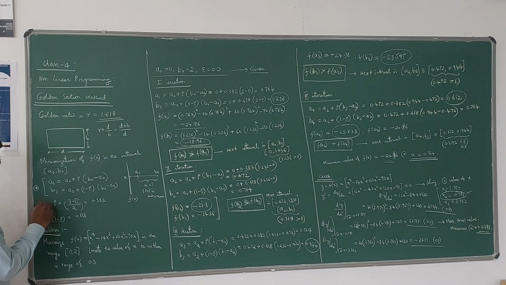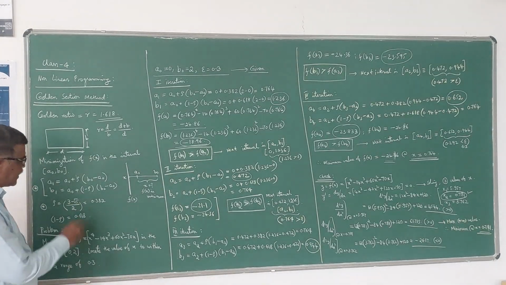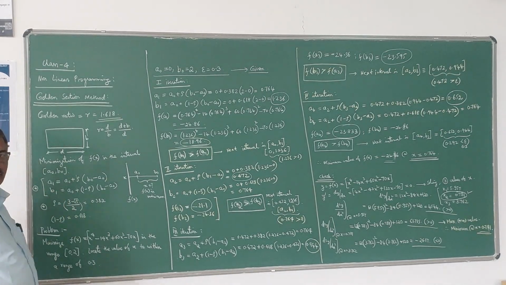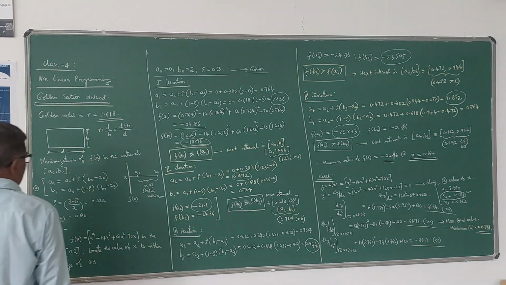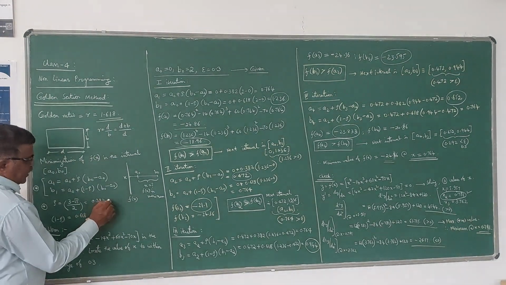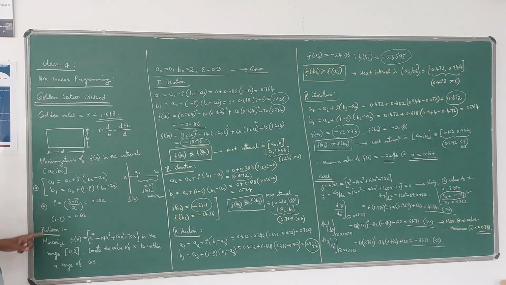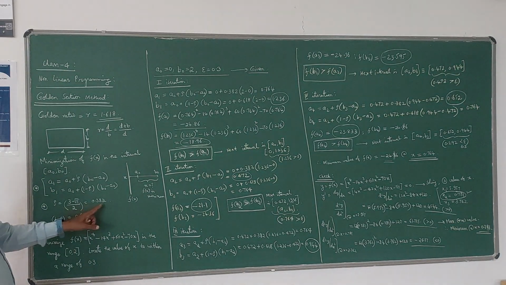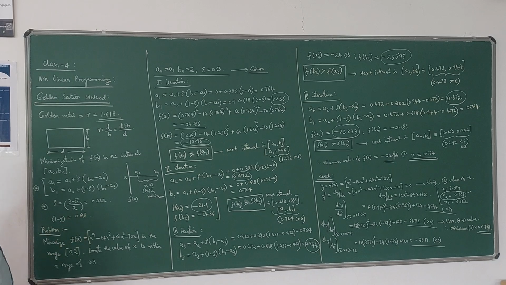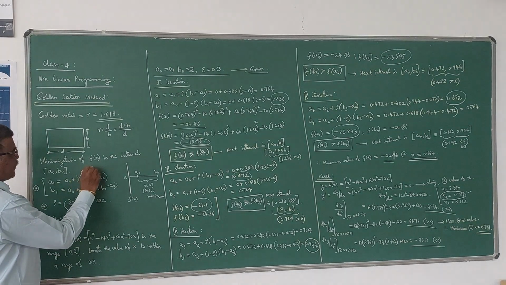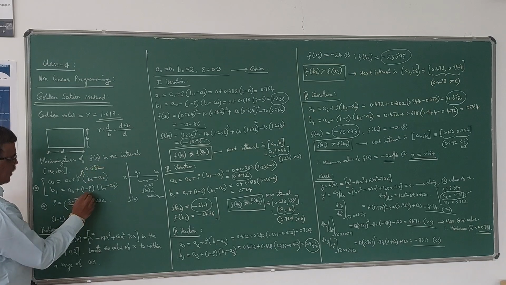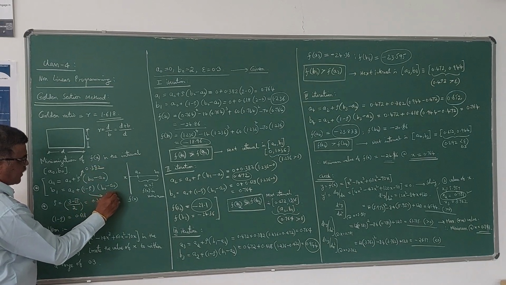You have to remember this. Of course there is a theory behind this, but let us not worry about that theory. Rho is a constant, (3 minus root 5) divided by 2, which is 0.382, and 1 minus rho will be 1 minus 0.382, which is 0.618. So for rho we are going to take 0.382, and for 1 minus rho we are going to take 0.618.